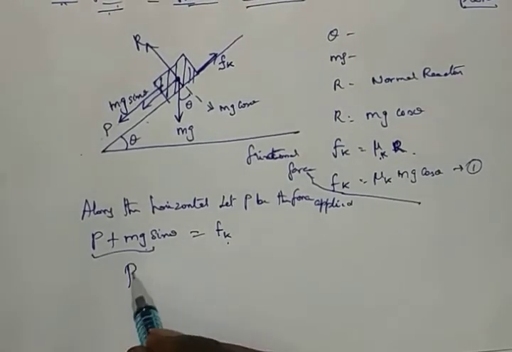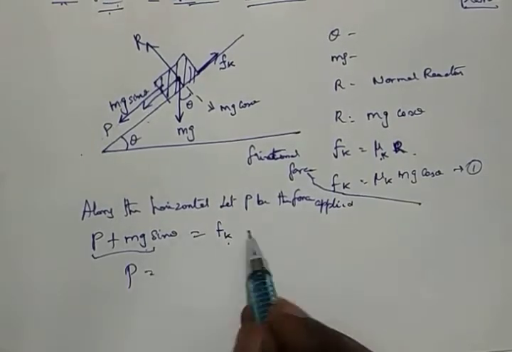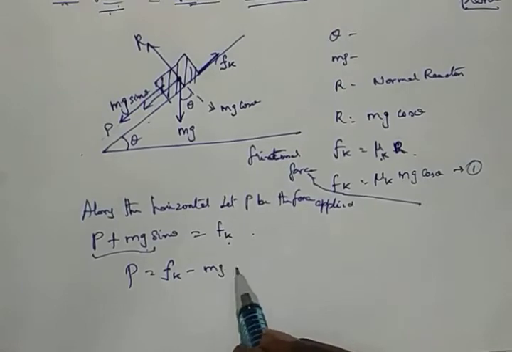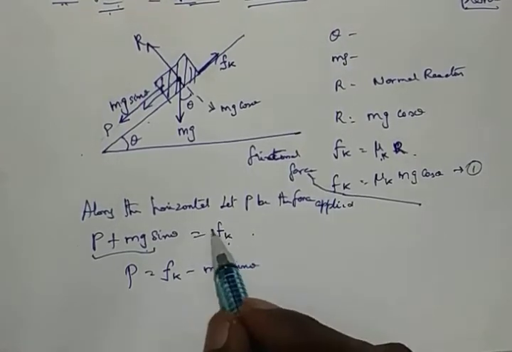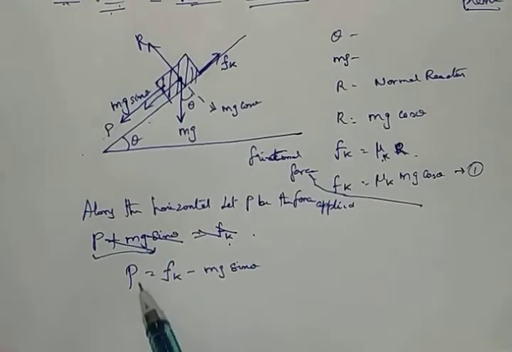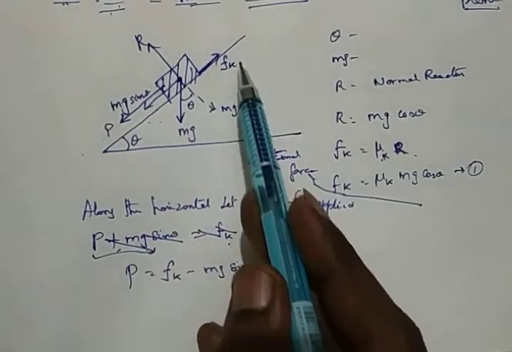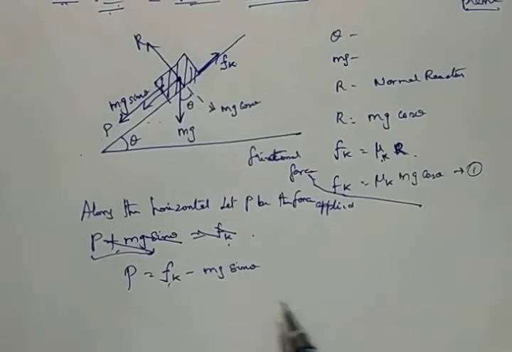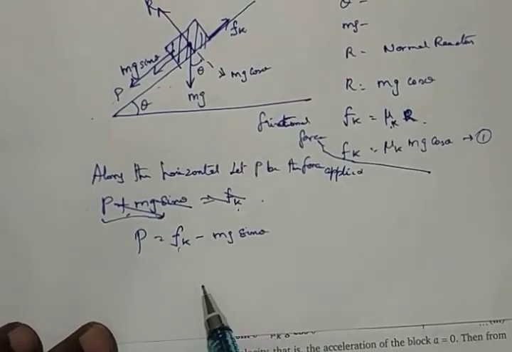So what we write is, external force is equal to Fk minus mg sin theta. So this equation we just cancel out. Don't write this equation. It is just for understanding, because these two can never be equal to the frictional force, but the frictional force minus this one is equal to P, as we have written.